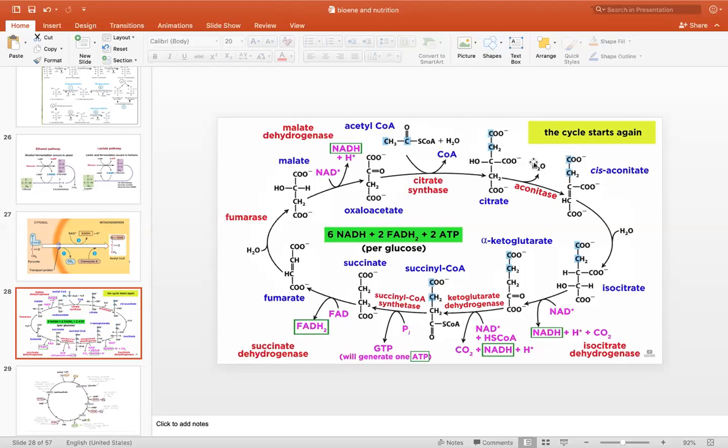Citrate is then taken to form cis-aconitate. Again, this is just a simple isomerization. Isocitrate बनता है. Isocitrate से alpha ketoglutarate बनता है, and this is the first time where a molecule of NADH is produced using the enzyme isocitrate dehydrogenase. ठीक है? Also a carbon dioxide is given out. So जो आपका molecule था 4 carbon, ठीक है? If you can look here, sorry, 5 carbon.